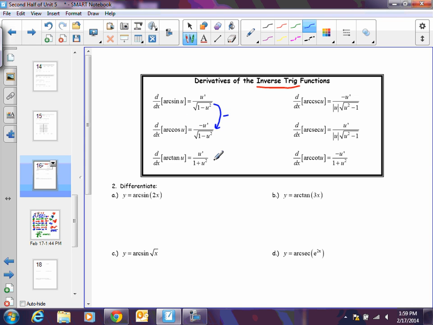All right, look at tangent and cotangent. U prime, and I'll get to what this means, but it's the same formula, but you just use a negative. So from tangent to cotangent, you do a negative. Okay, secant to cosecant, same exact formula, just with a negative. So really you only have to memorize 3, and then one relationship. That is correct. That's how I would suggest you do it. That's how I remember them.